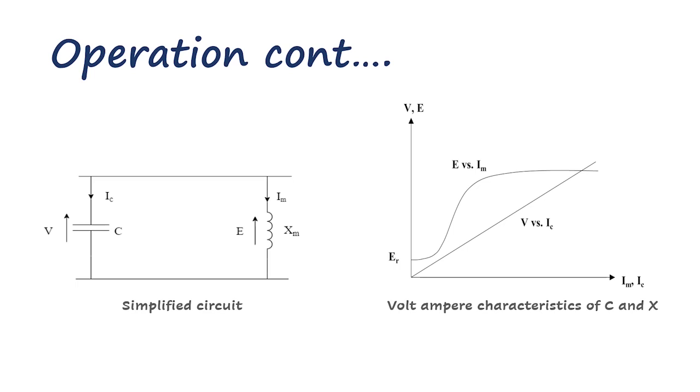The graph in the figure shows the internal volt-ampere characteristics of the two circuit elements C and Xm. Note that Xm is nonlinear, so it exhibits the saturation of the magnetic circuit of the machine. As shown in the graph, the intersection point gives the no-load generated EMF at the magnetizing current.